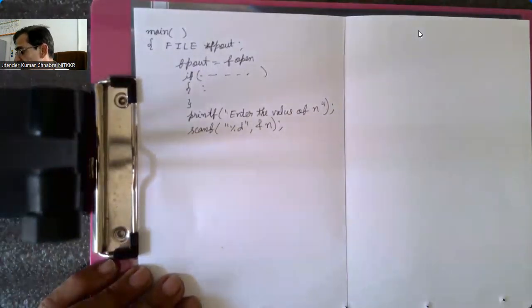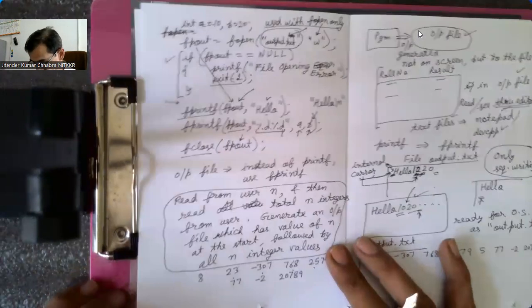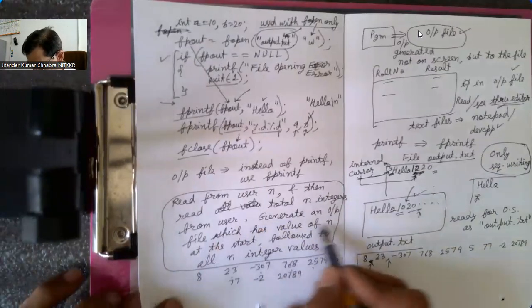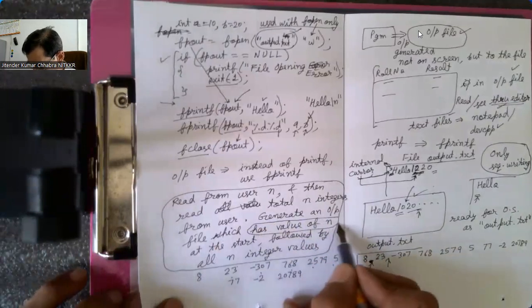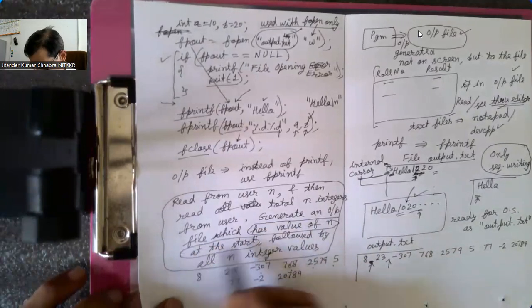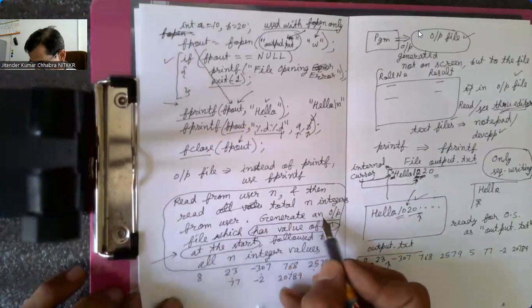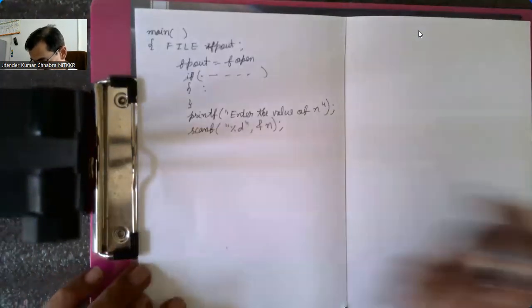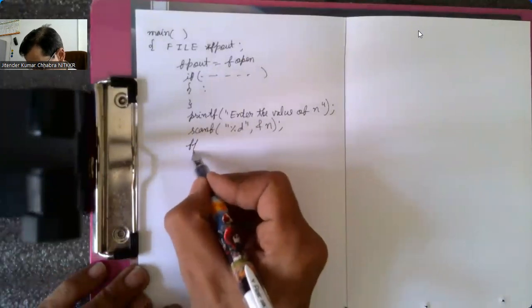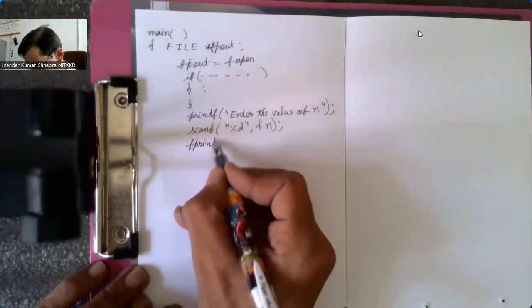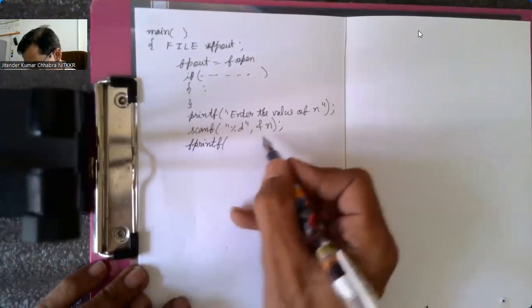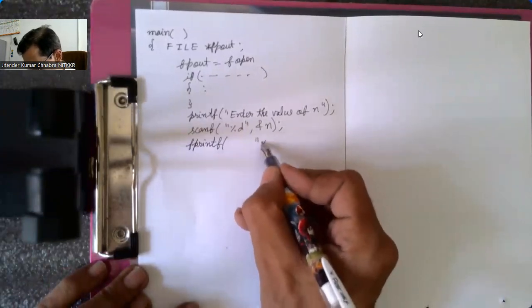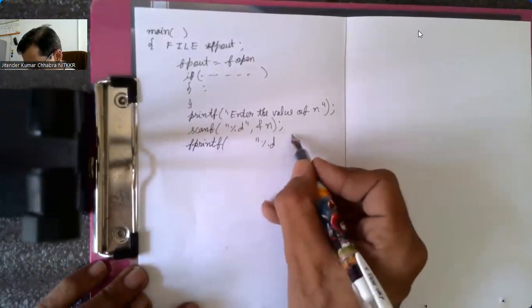My question said that this n also has to be stored in the starting position. In my output file, the value of n also should be stored. So the first statement I will write is fprintf. If you wanted to write n on the screen, you would simply write %d.